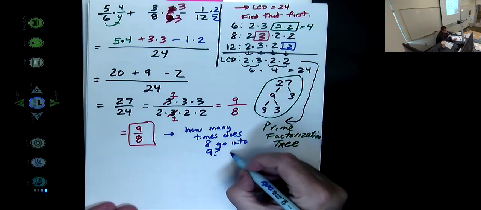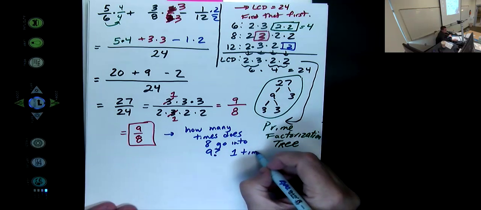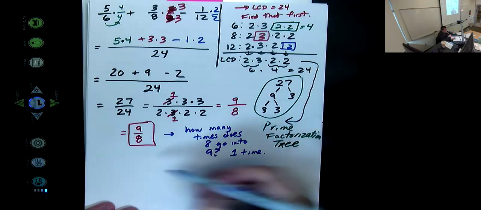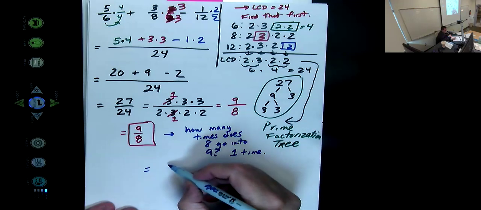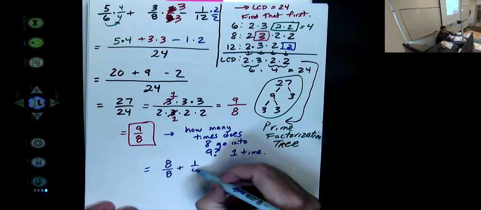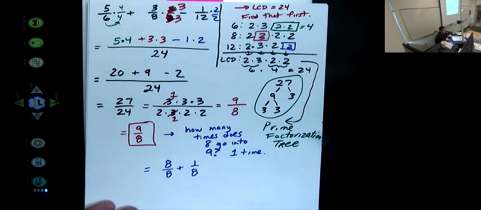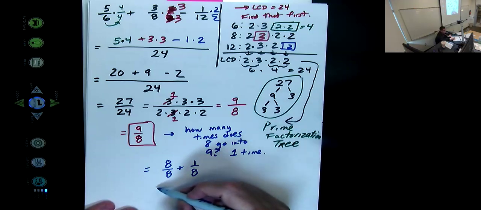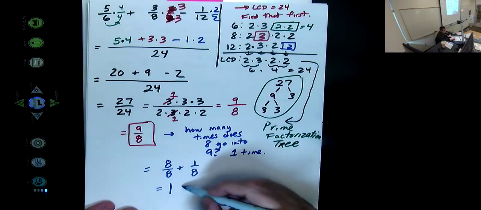And it goes in 1 time. So I can write this as 8/8 plus 1/8. The 8/8 is 1.